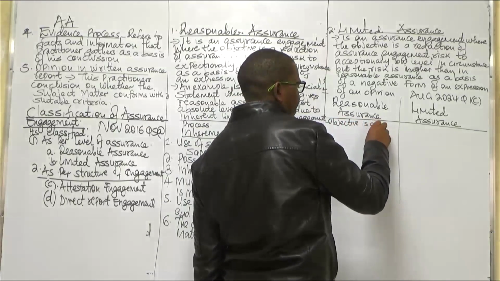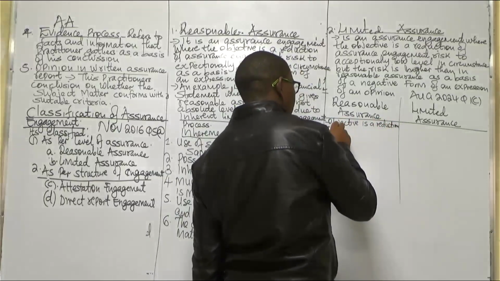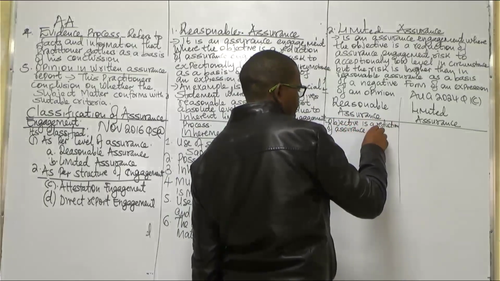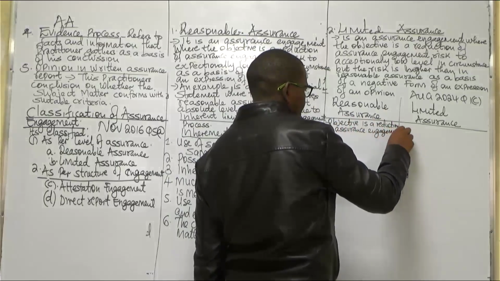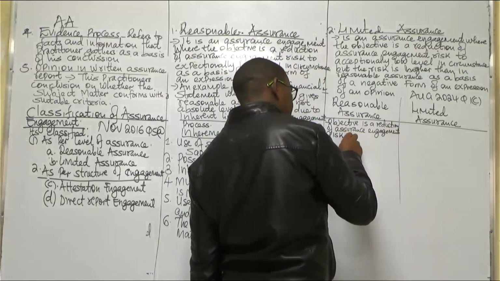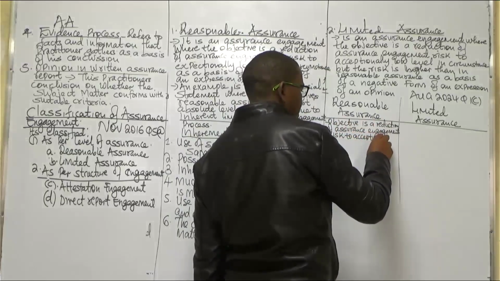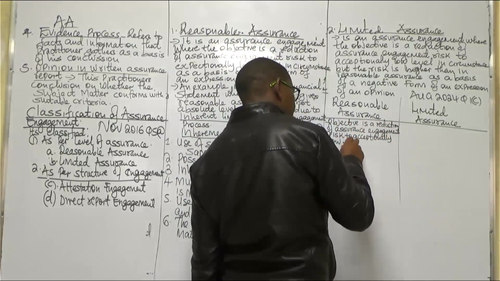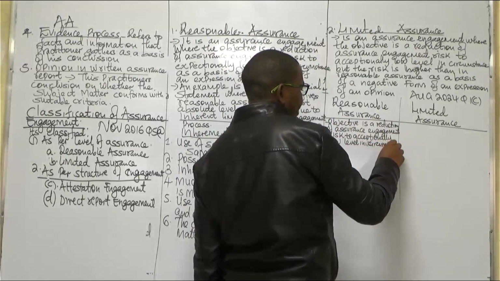is a reduction of assurance engagement risk to an exceptionally low level in the circumstances. I can end it at that point.